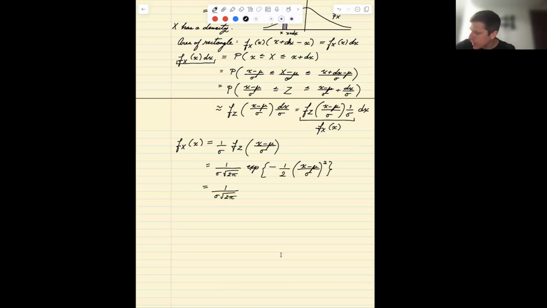The way it's usually written would be exponential of minus x minus mu squared over 2 sigma squared. And this is for x any value between minus infinity and infinity.